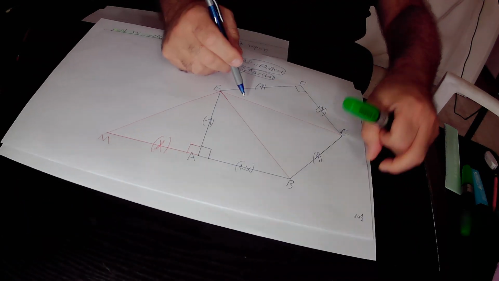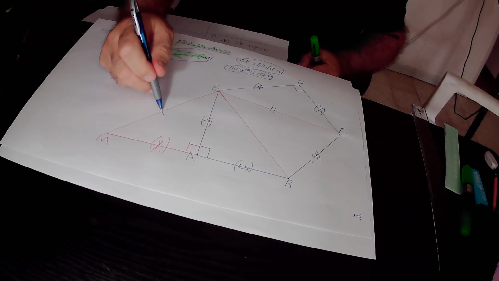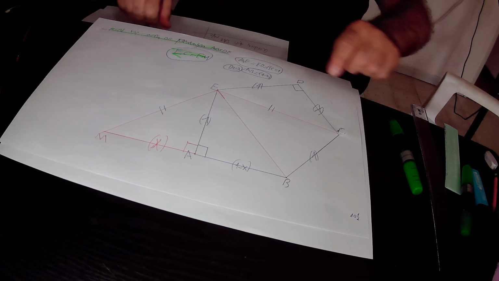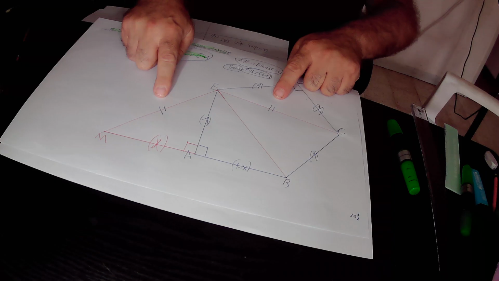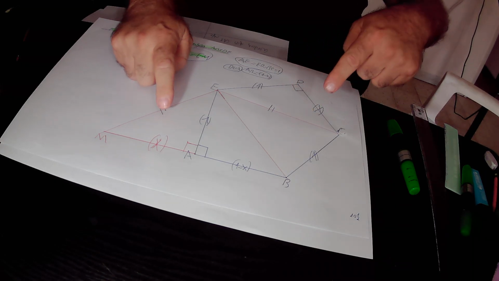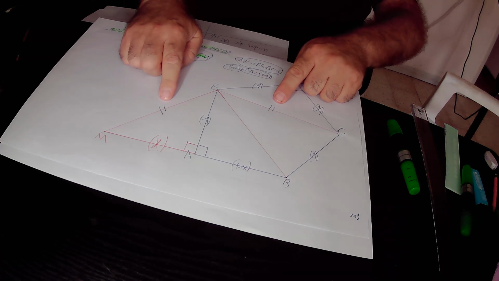This is side EC equal to side EM. So those two sides are equal to each other according to the rule that corresponding sides in congruent triangles are equal to each other. Those two right triangles can go into each other, and therefore those two corresponding sides must also be equal in their lengths.